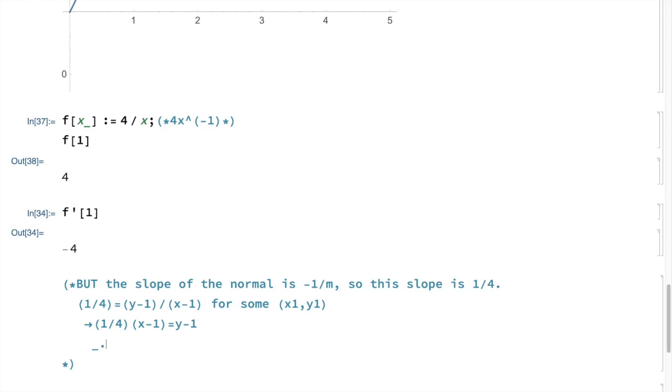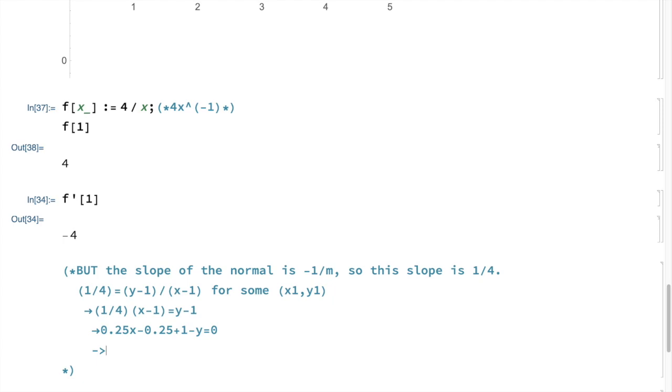Okay, let's distribute this. So I'll have 0.25x minus 0.25. And it wants everything over on the left-hand side, so why don't I just go ahead and add 1 and subtract y. So I just added 1 to this side, I subtracted y from both sides, and now I have 0 on the right. Okay, almost done.